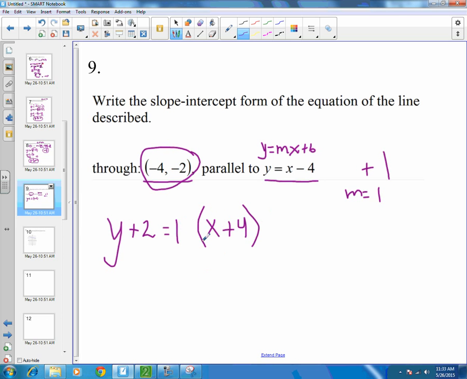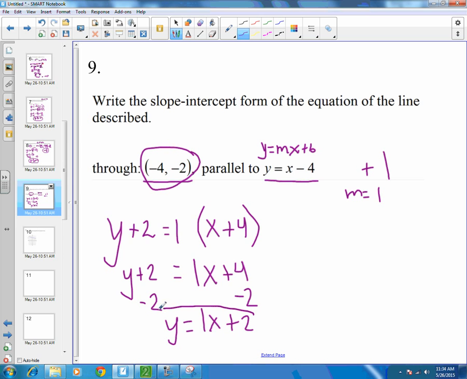Good to distribute that 1, which is basically going to keep my right side exactly the same. So 1x plus 4. Bring down my y plus 2. Last step, I need to get that y by itself. So I'm going to subtract 2 from both sides. So I'm going to get y equals 1x plus 2. And that is my slope-intercept form.